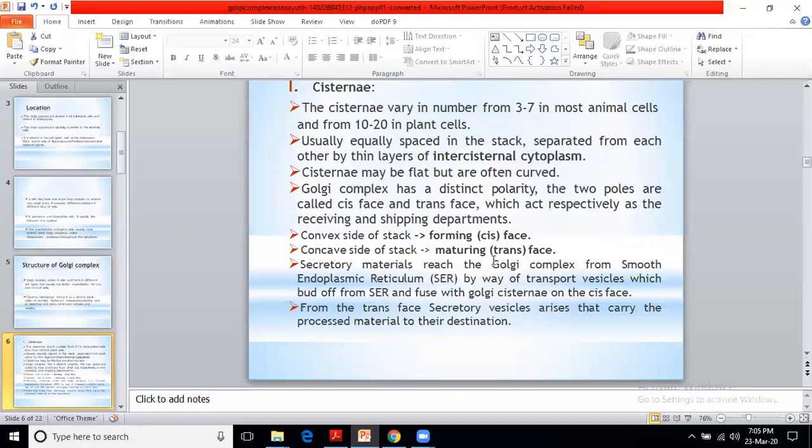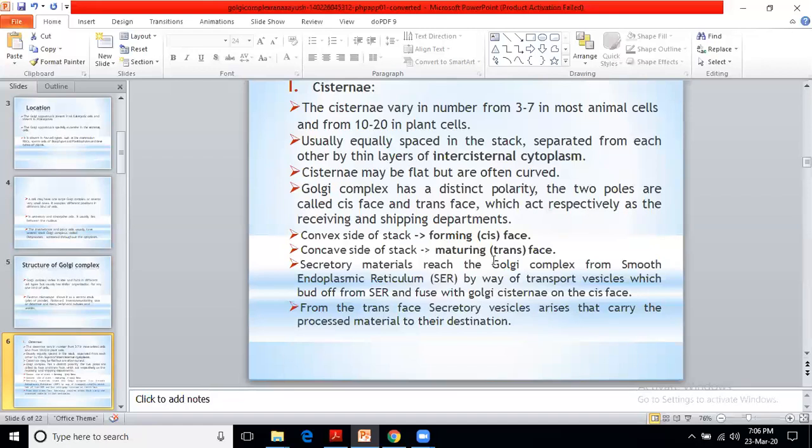The cis phase is located near the nucleus, and the trans phase is located near the plasma membrane of the cell.